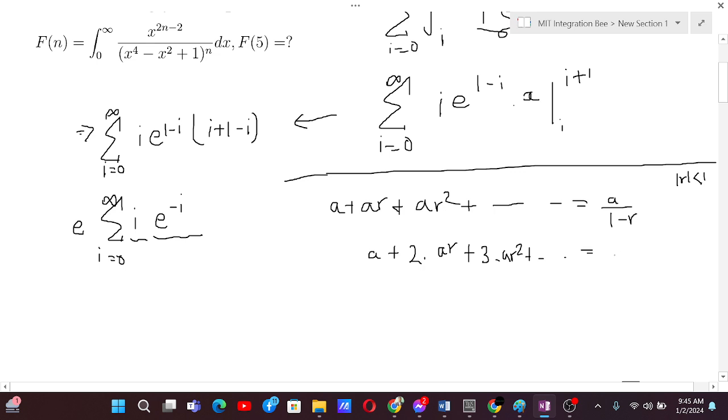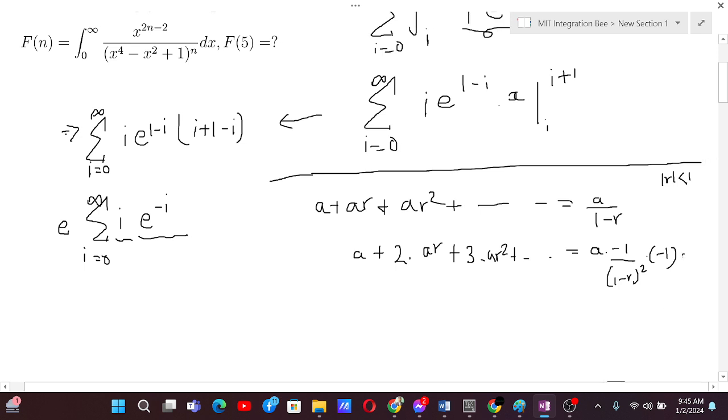So we will have a times minus 1 to the power 1 minus r whole square, and now if we apply the chain rule, we have to differentiate 1 minus r as well, so that gives us minus 1, and the minus 1 cancels out. That gives us a by 1 minus r whole square, and r should be less than 1.